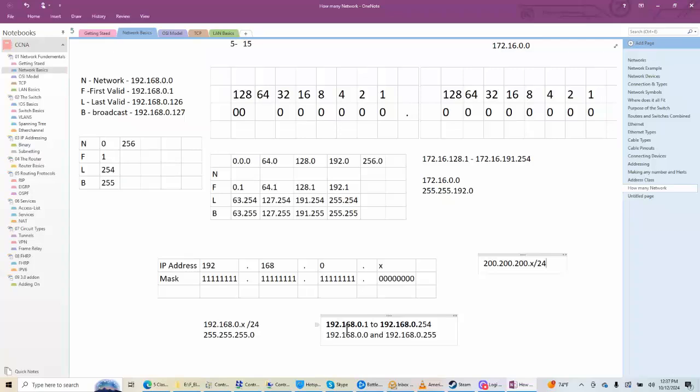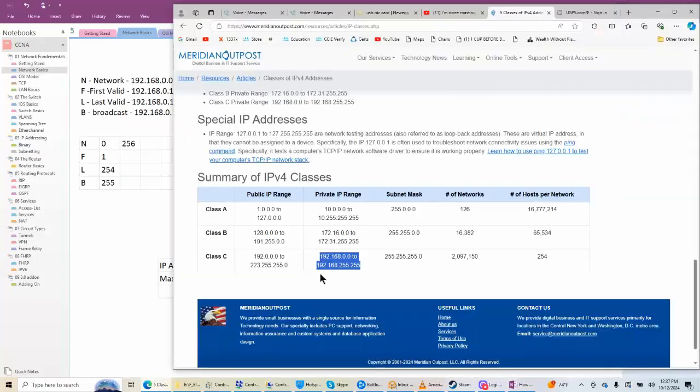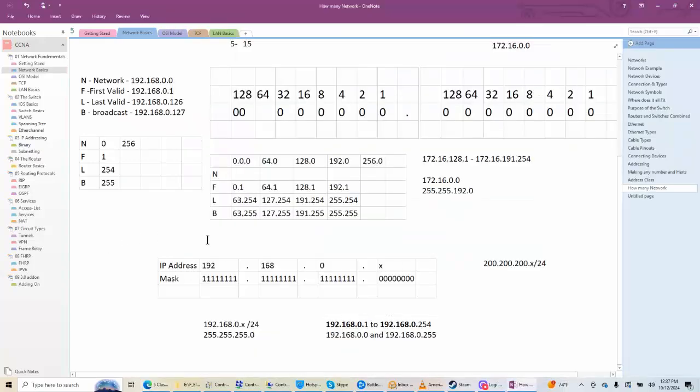That third octet is the number that we can keep changing, as far as our network. No, these two octets are the ones that we can change. Notice how I have to keep going back.